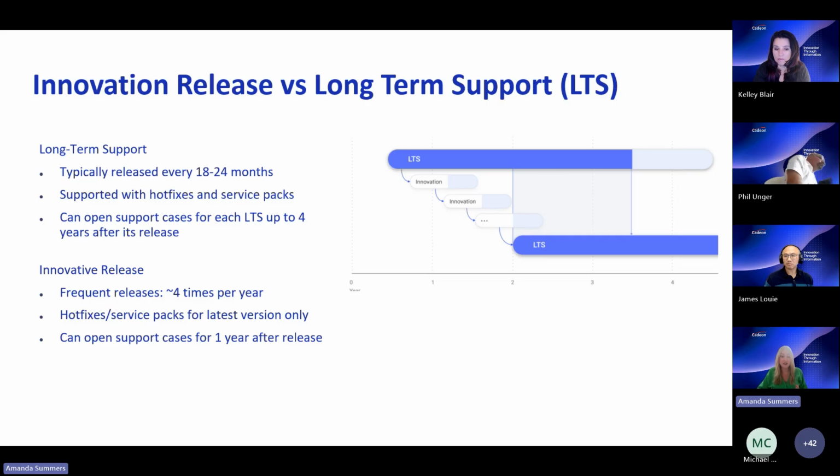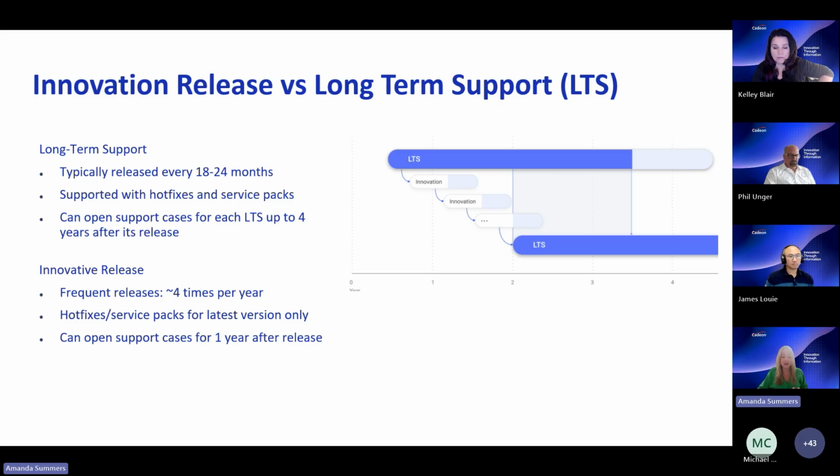In contrast, the innovative track focuses on rapid innovation and new capabilities. The versions are released much more frequently, almost 4 times a year, and you get access to the latest features and enhancements much sooner than waiting for the LTS version. That's great if you're looking for a specific feature or function that you've requested and need right away to do your work.